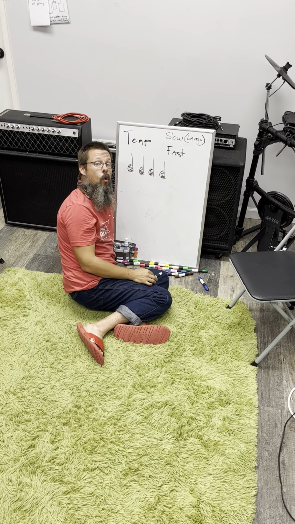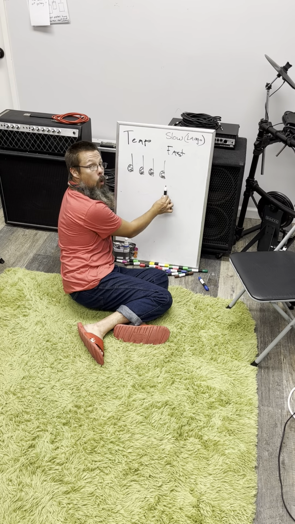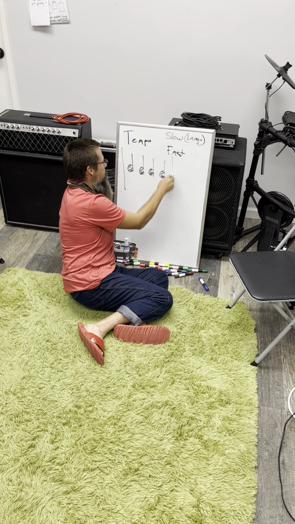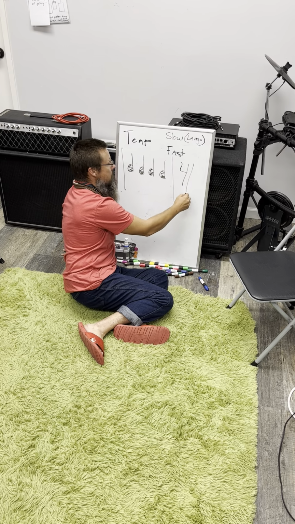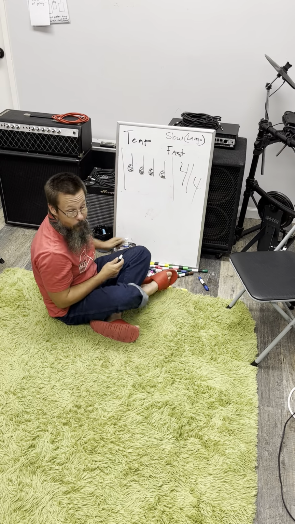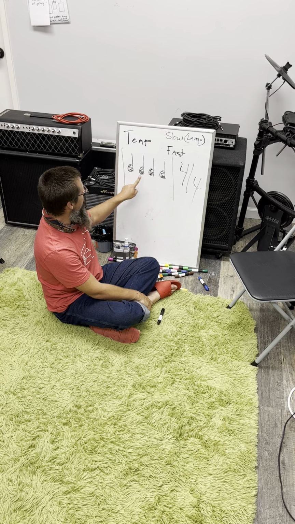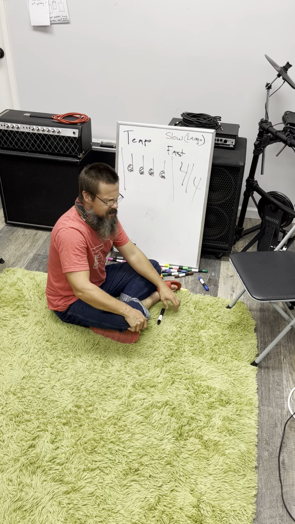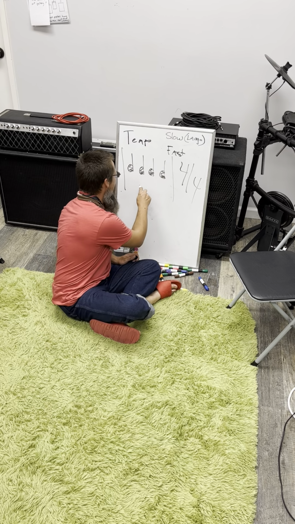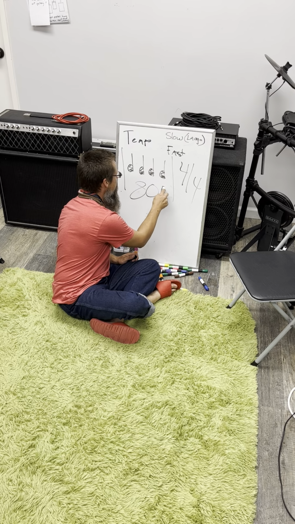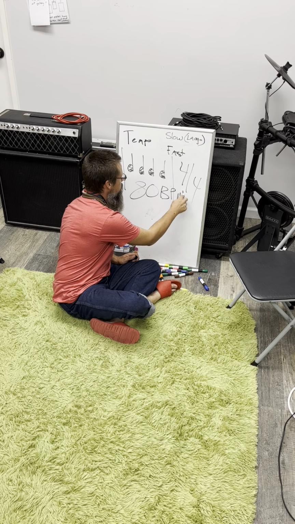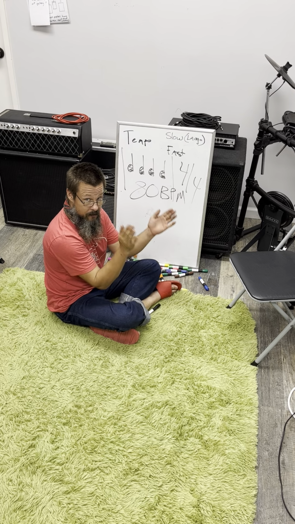These notes are called quarter notes. They're all worth one beat. So if I've got a measure of 4/4, meaning there are 4 notes per measure, and the quarter note gets the beat. Quarter, quarter, quarter, quarter. If I said the tempo of this was about 80 beats per minute, that would feel like this.